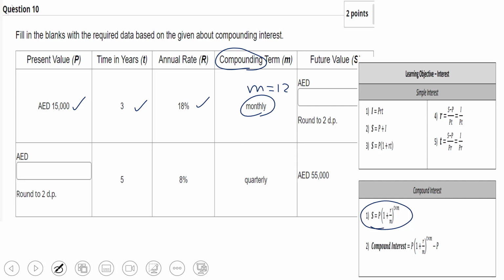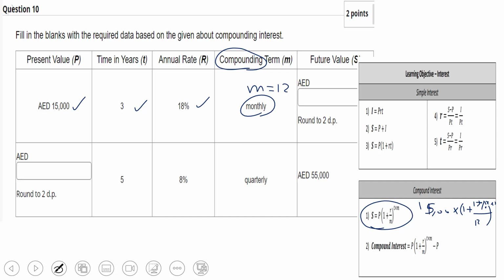So he's looking for S. Just plug in the numbers in this formula. 15,000 times 1 plus R, 12%, over M, which is 12 because he said monthly, to the power 12 times 3. You will get the value when you plug in the numbers.